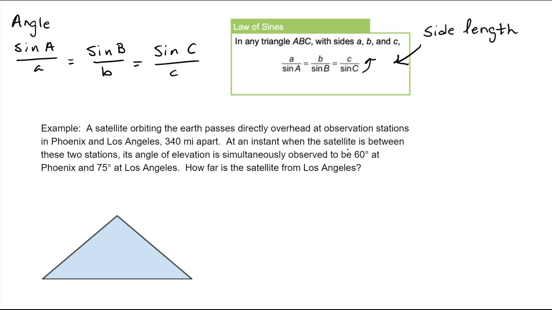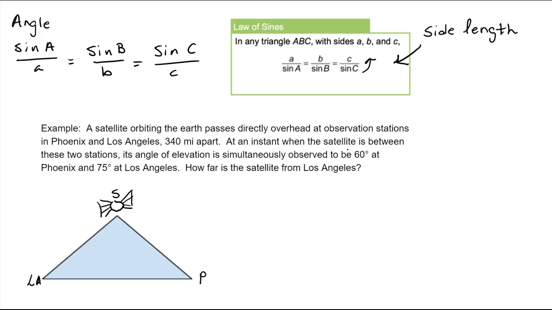So what I'm going to do, I'm going to use this triangle. First thing I'm going to do is draw this satellite out in space. All right, there's my satellite. Looks more like a bow tie. There's my satellite S. Okay, now Los Angeles is west of Phoenix, so I'm going to put LA here and a P for Phoenix there.